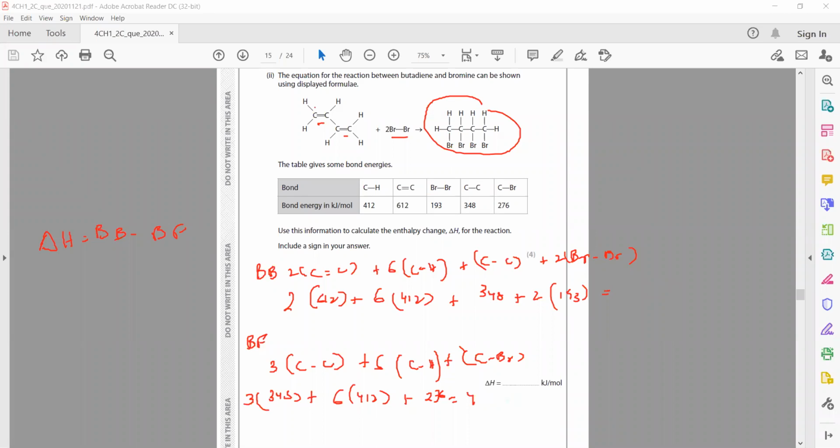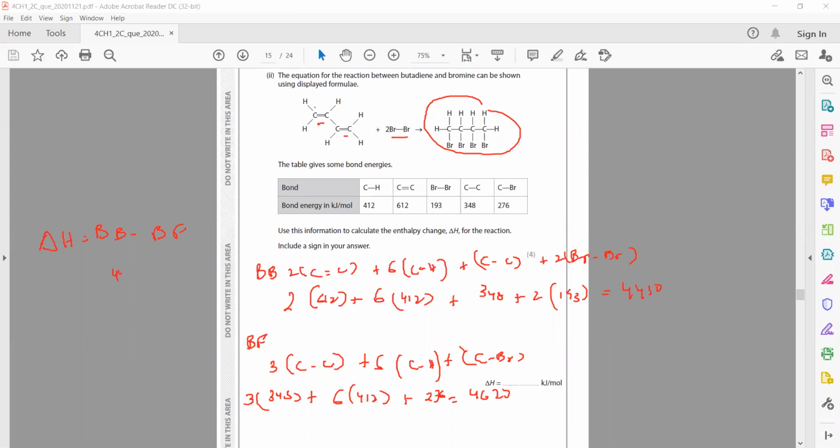Bond breaking minus bond forming is equal to energy change.